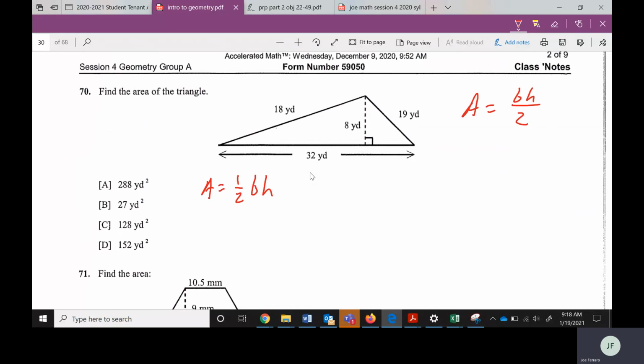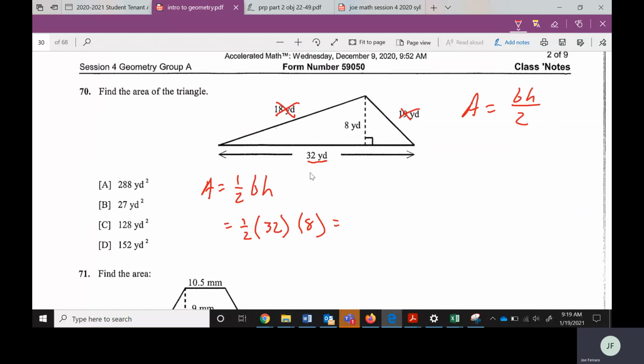So it's connecting at the right angle. That means this is our base, and not here, and not here. Okay, so you just have to choose the right numbers. So I'd have 1/2 times the base of 32 times the height of 8. Okay. So you could change that if you wanted to.